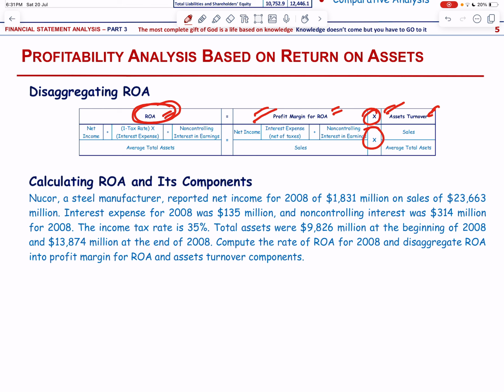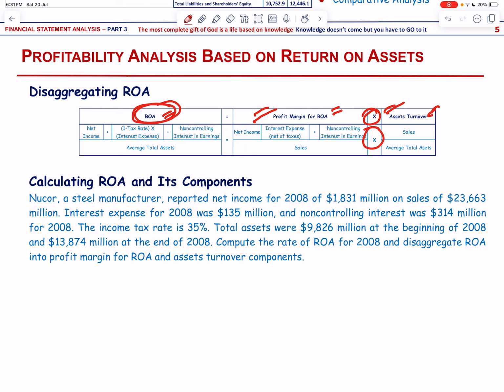Return on assets is a composite measure that considers both how well a company converts sales into profits, that is, profit margin, and how efficiently it utilizes its assets to generate sales, that is, assets turnover. So, this makes it a valuable metric for assessing the profitability and efficiency of a company's asset utilization.